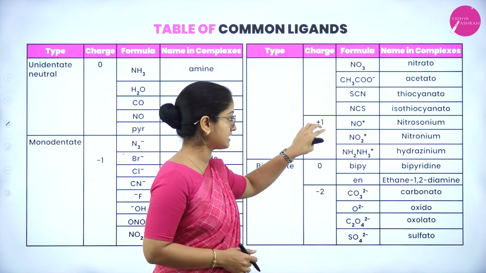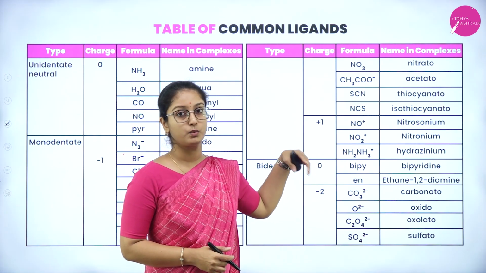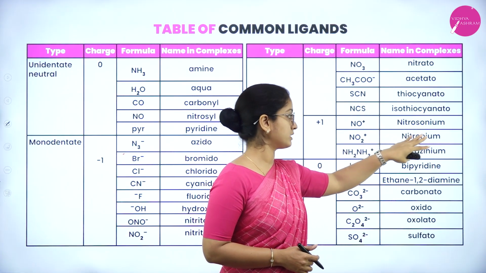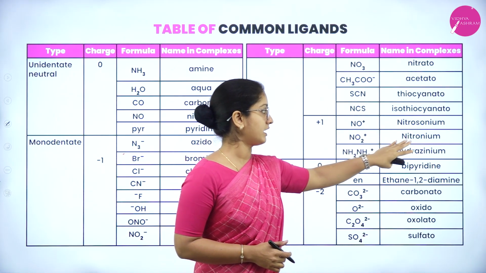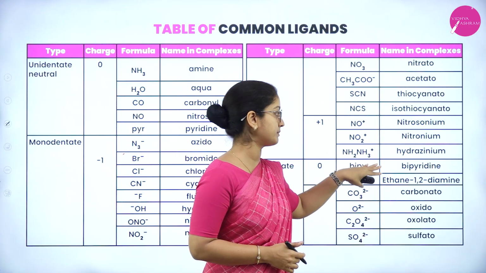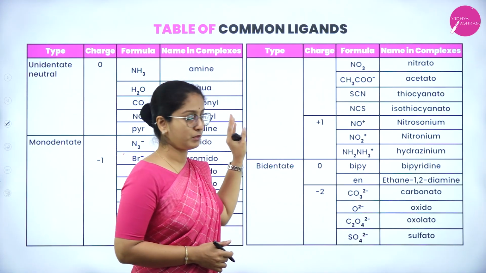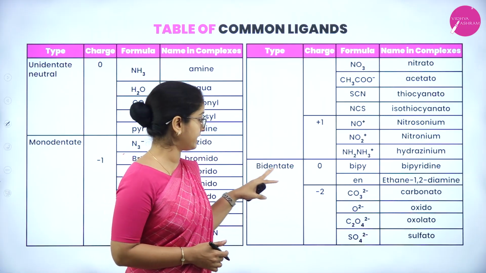and then with plus charge, that is monodentate ligand with +1 charge, NO+ is given the name nitrosonium, then NO2+ nitronium, NH2NH3+ is hydrazinium. This is about the monodentate. Next we have bidentate ligand.